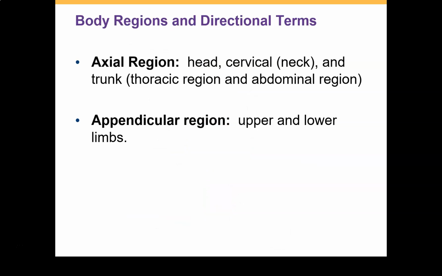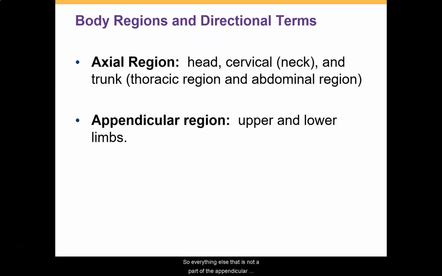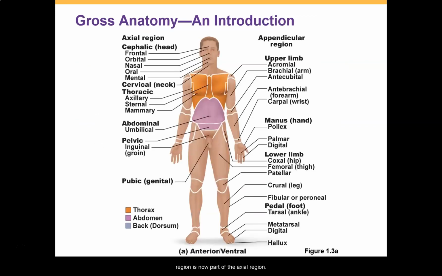Everything else belongs to the axial region, such as the head, the neck, known as the cervical, trunk, in other words, thoracic, and abdominal region. So everything else that is not a part of the appendicular region is now part of the axial region.